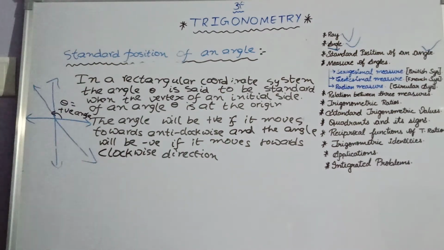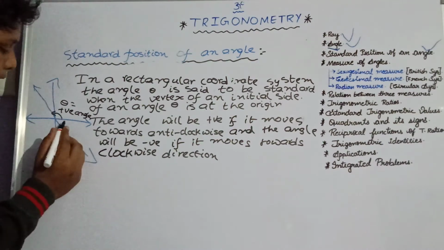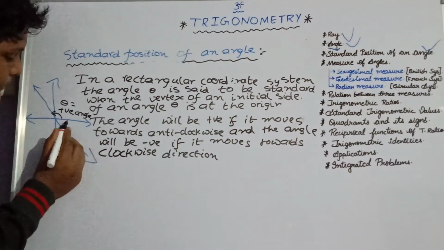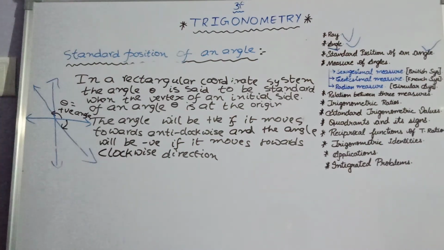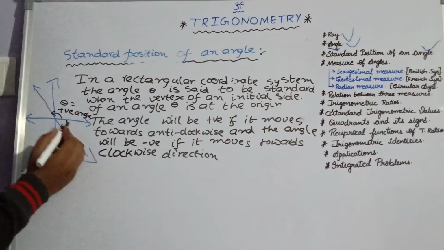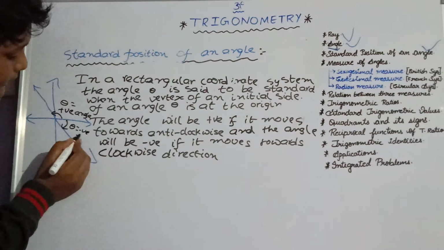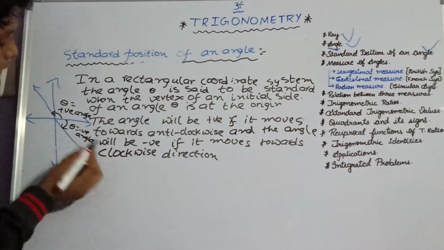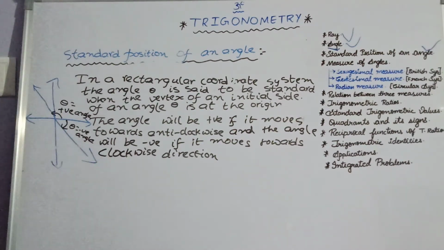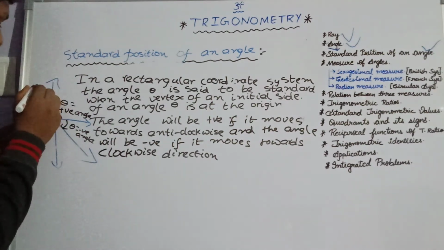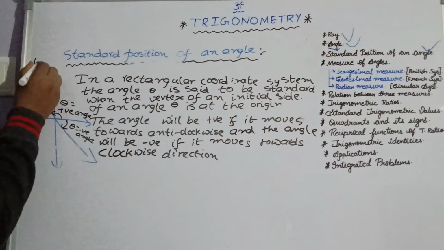Theta is equal to a positive angle. And when the angle moves towards the negative side of the coordinate system, that is theta is equal to a negative angle. This ray which passes through the coordinate system is known as the terminal ray, which I have said before.